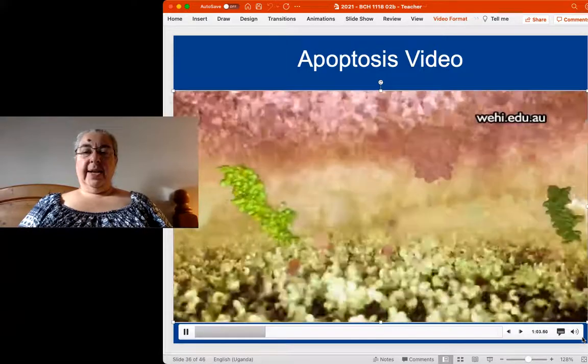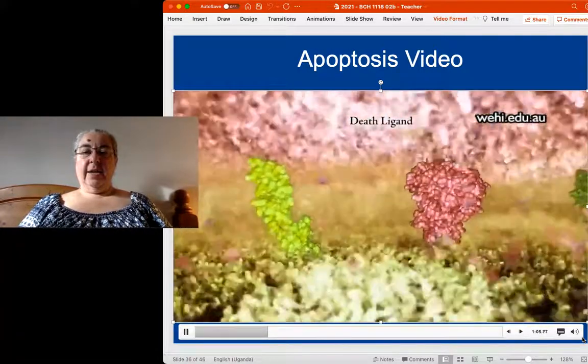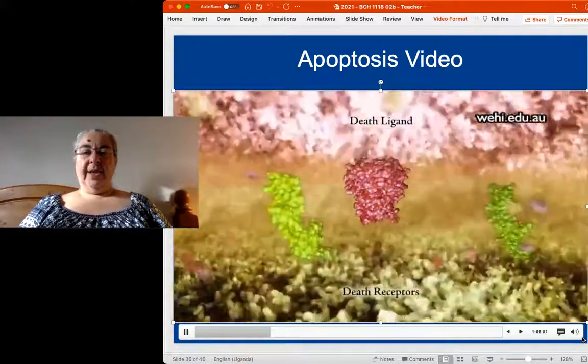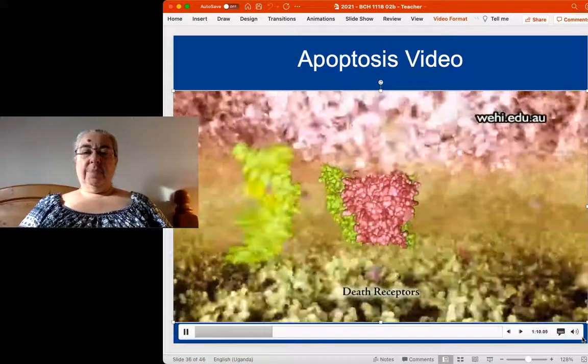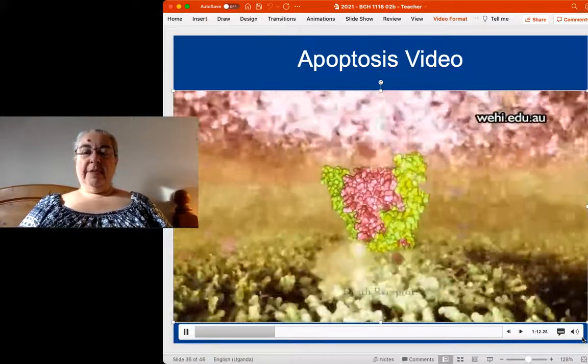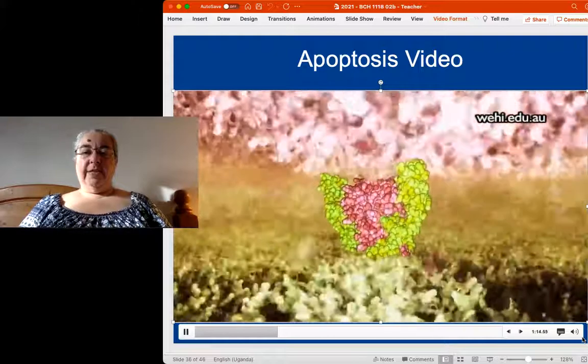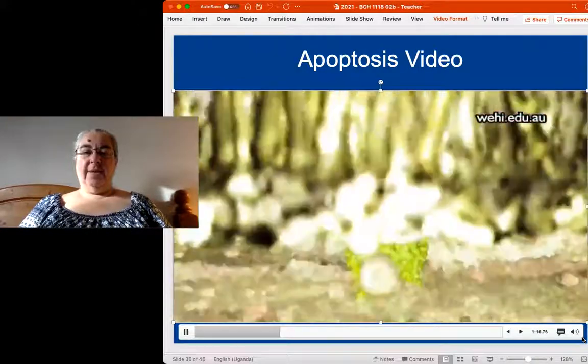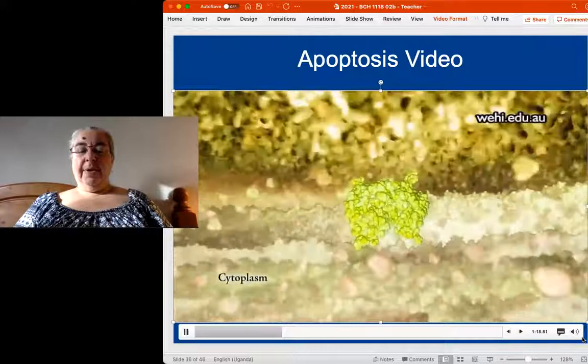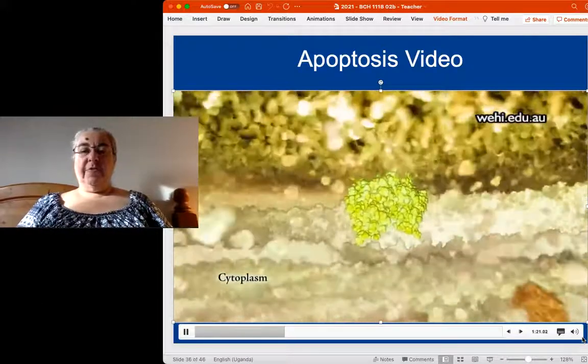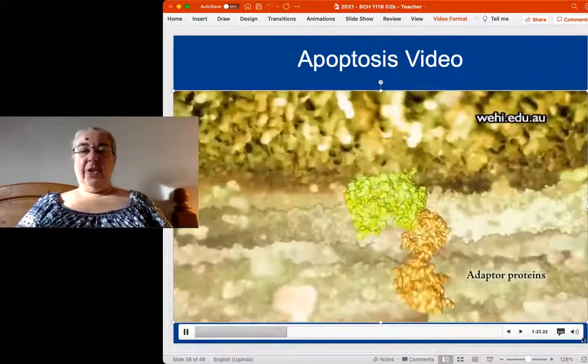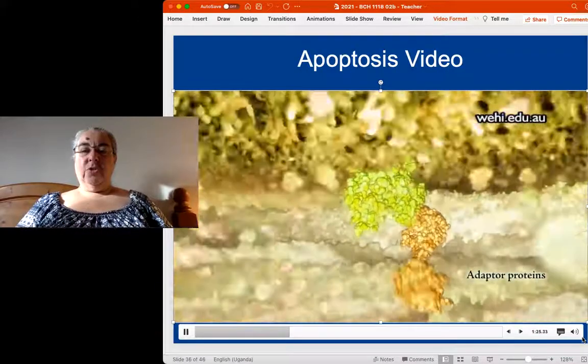And it's releasing a signal called here a death ligand, which is being received by receptors on the surface of the unhealthy cell. So the immune system cell has told the cell that it's unhealthy and needs to destroy itself.